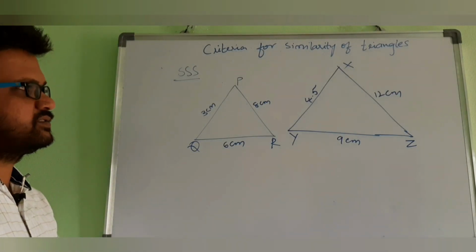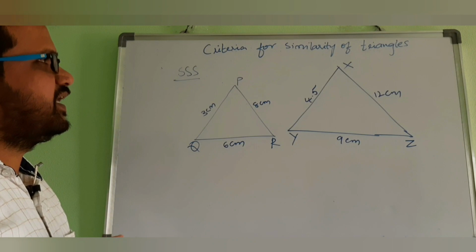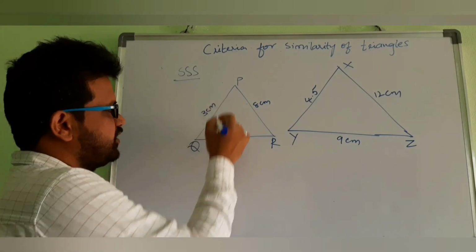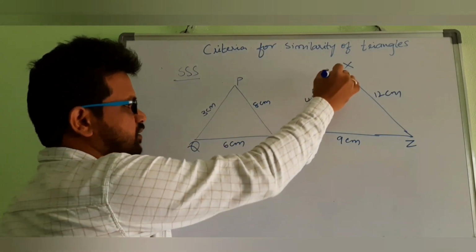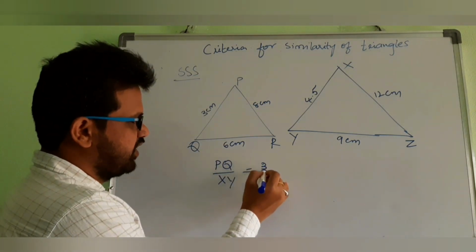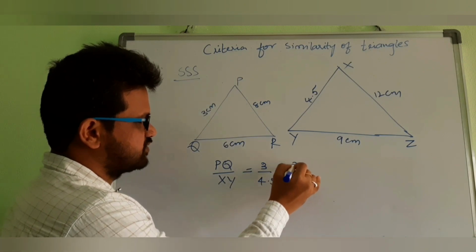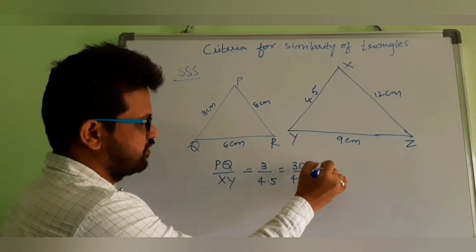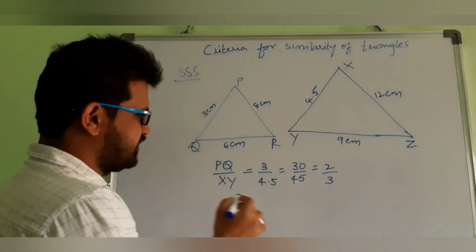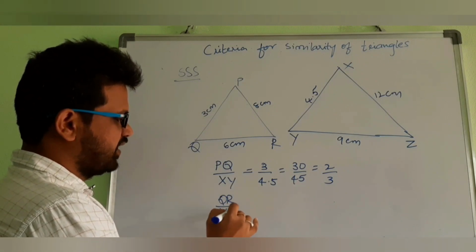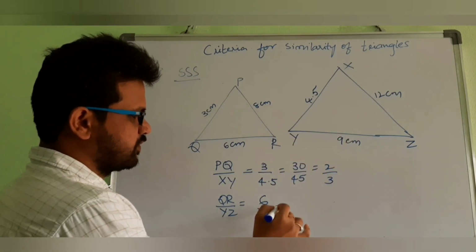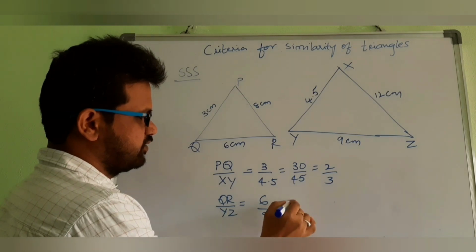In these two triangles PQR and XYZ, are the corresponding sides in the same ratio? Check that. PQ by XY is 3 by 4.5, that is 30 by 45, which is 2 by 3. And QR by YZ is 6 by 9, so 2 by 3.